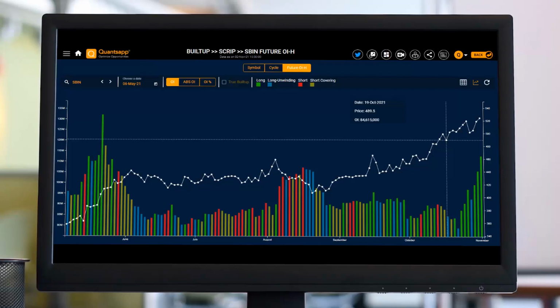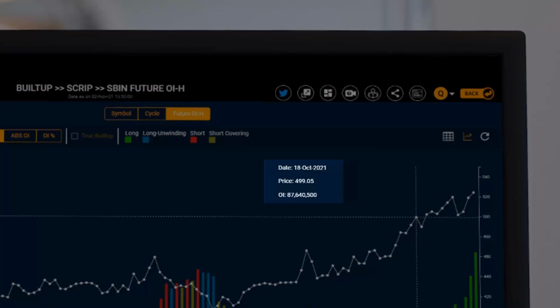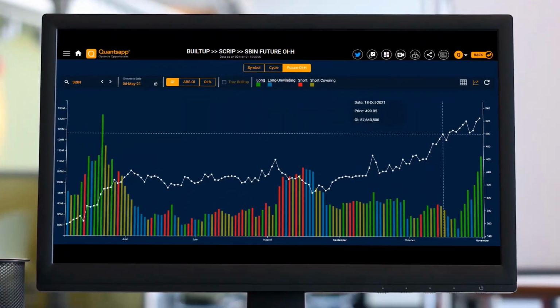Even if you look at SBI at the 499 level on 18th of October, the previous prices were still trading below the current price, right? The next day the instrument had a dip and then it rallied again.